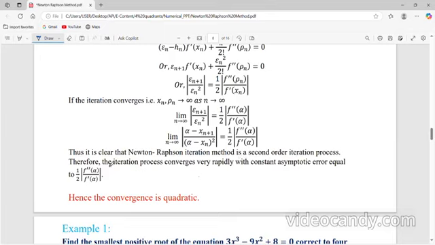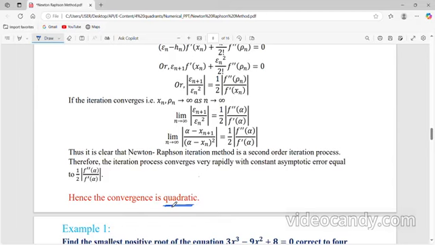Therefore, the iteration process converges very rapidly with constant asymptotic error equal to half of f double dash alpha divided by f dash alpha. Hence the convergence is quadratic. This is very important: rate of convergence is quadratic, or order of convergence is quadratic.